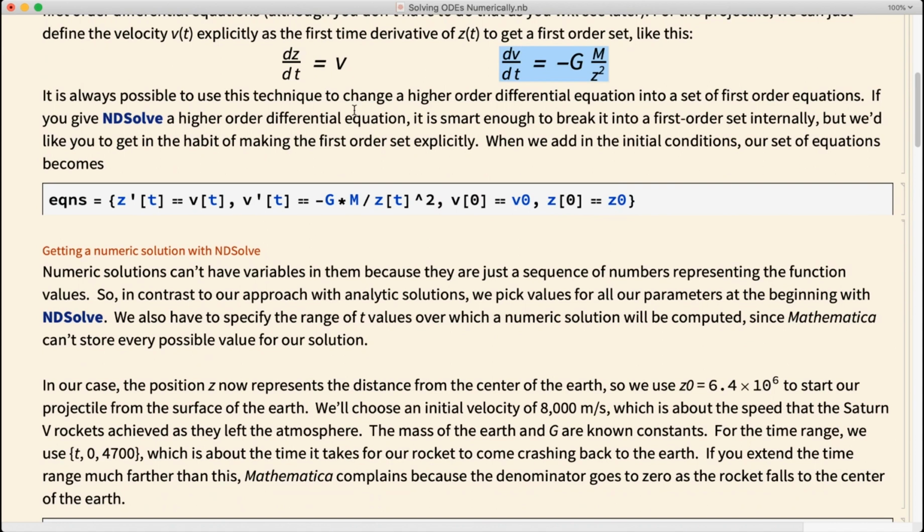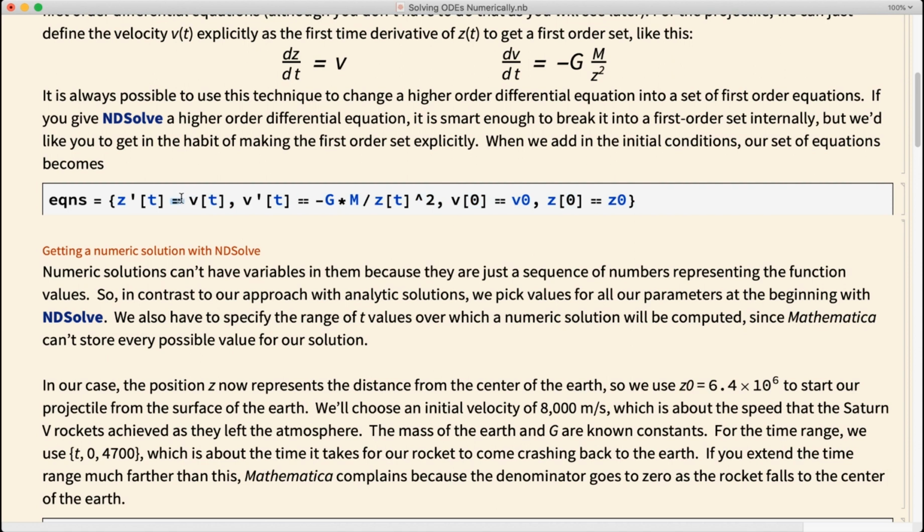And again, there's a lot of text here that I'm just going to leave because you can read this later. We're going to define, again, a list of equations that we want to put into our differential equation solver to help it solve. In this case, we've got two first order differential equations. And again, notice I am putting double equal signs here.